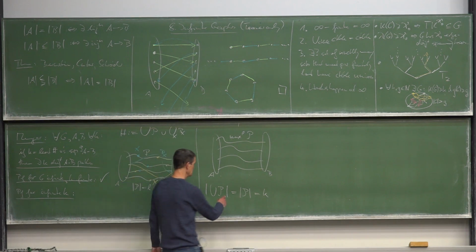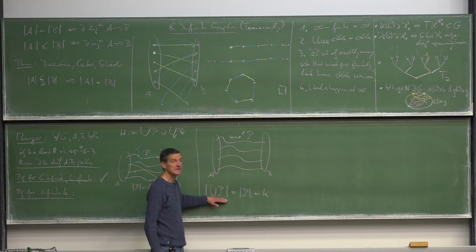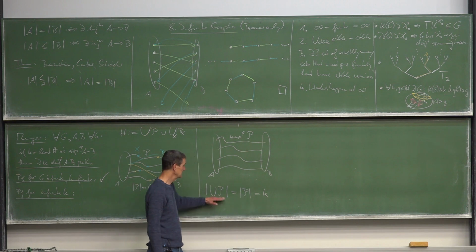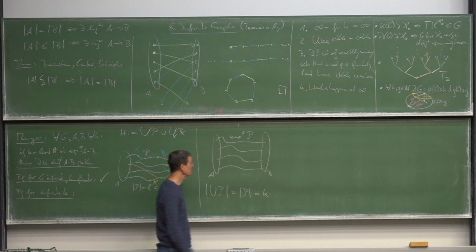So if P had fewer than K elements, then its union would also have this smaller cardinality, still infinite, but then we'd have a separator of that smaller cardinality. And we don't, by definition of K. So that was completely trivial.